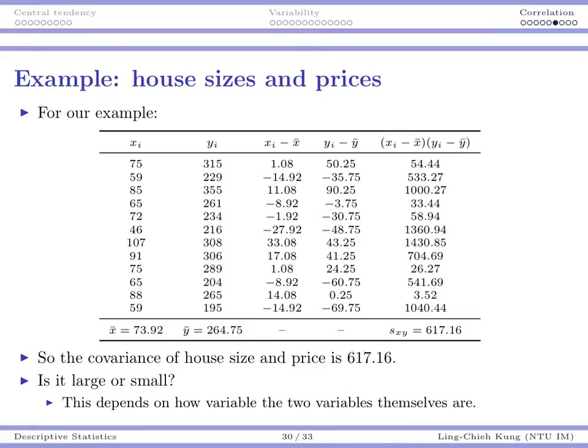So let's use our example to show how to do the calculation more precisely. We know that we have our set of data xi here and yi here. These are the sizes of our houses, and these are the prices. First, we calculate the sample means.